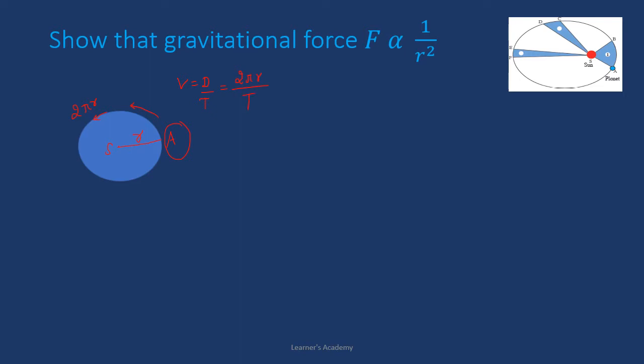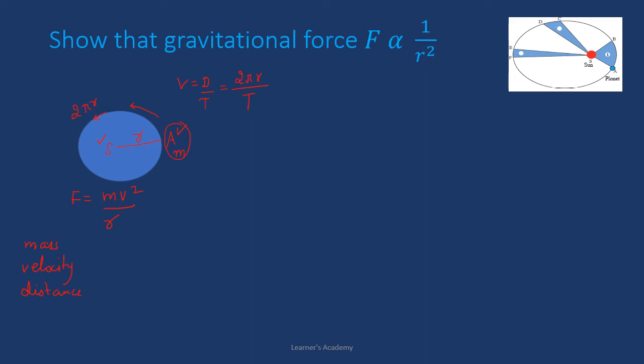Now if the mass of this planet is m, you remember there is a formula: the centripetal force exerted by the sun on this planet A, which has mass m, is given by F is equal to mv squared divided by r, where m is the mass of the planet, v is the velocity of the planet, and r is the distance of the planet from the sun.